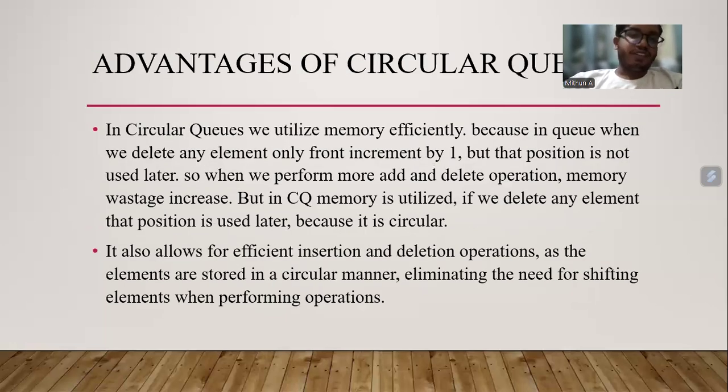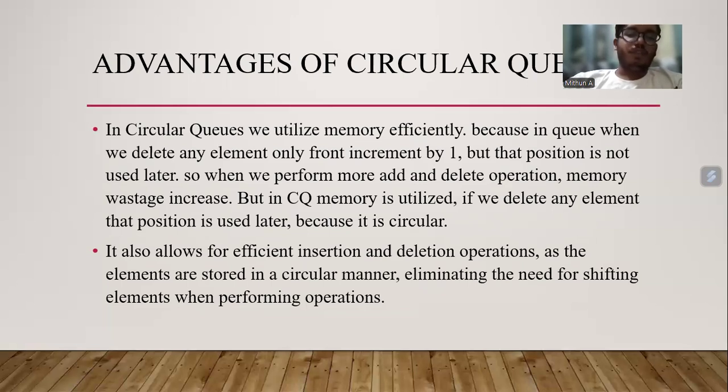So, advantages of circular queue. In circular queue, we utilize memory efficiently. In a normal queue, when we delete any element, only front will be incremented by one, but that position is not used later.